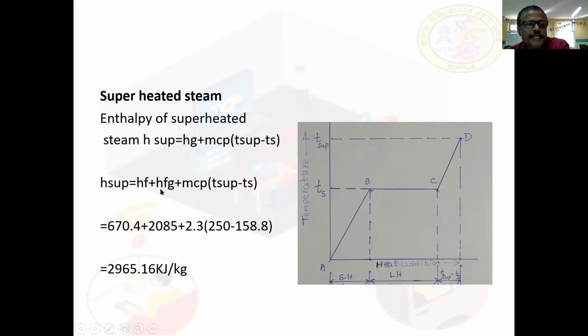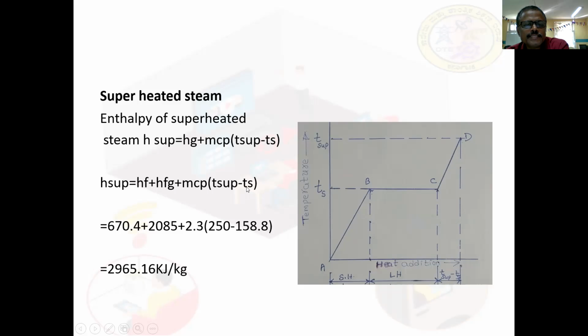Substitute the values of Hf and Hfg from steam tables. Then m is equal to 1, hence it is not written. Cp is the specific heat of superheated steam, that is 2.3. Then T super, water is heated to 250 degrees centigrade. You have heated the water up to this temperature.